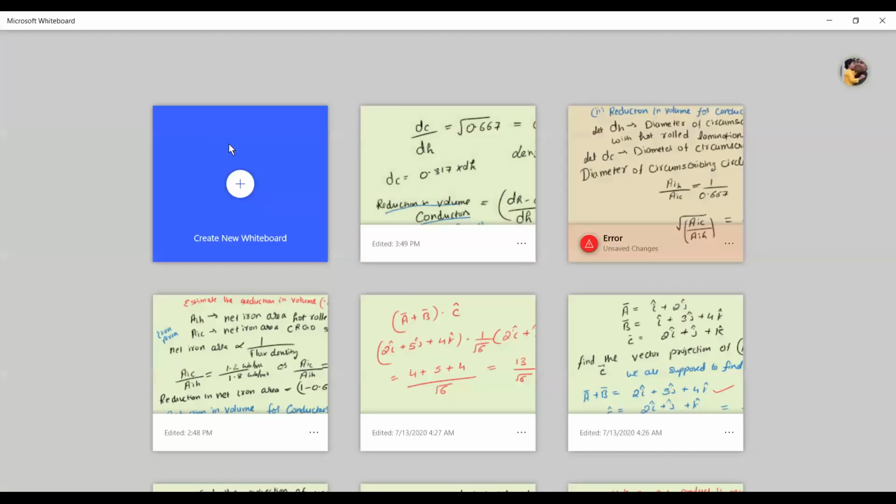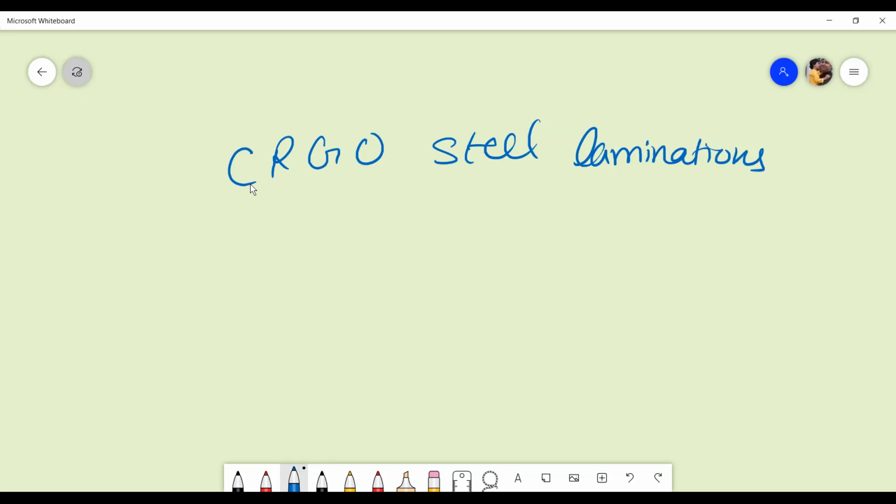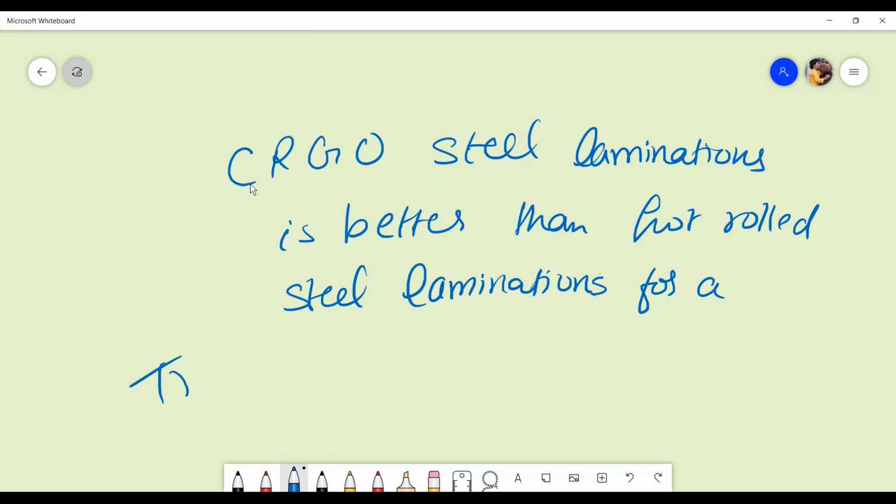So you should always remember that CRGO steel lamination is better than hot rolled steel lamination for a transformer core.